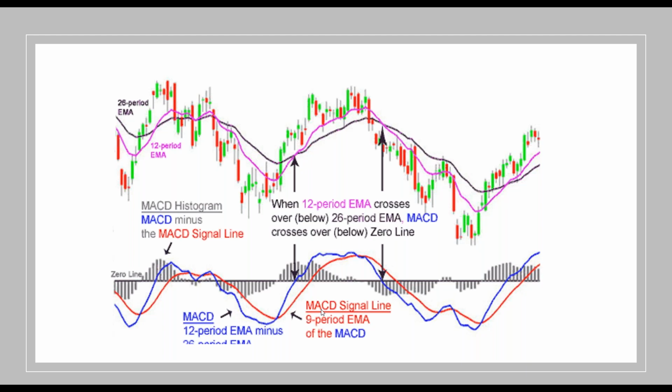So what we're looking for eventually is the crossovers between the MACD line and the signal line. When they cross, whether one crosses the other or the other, they give us buy and sell signals. Okay. And that is why that second line is important, because without that, we have nothing that's generating any type of signal or indicator for us.